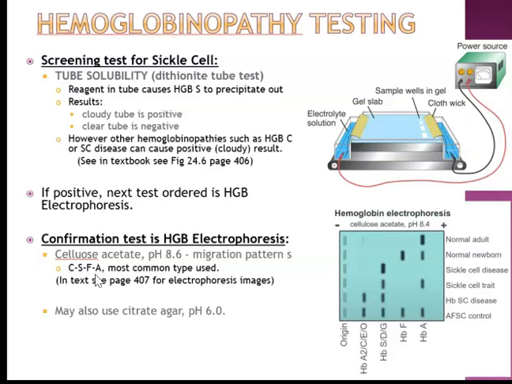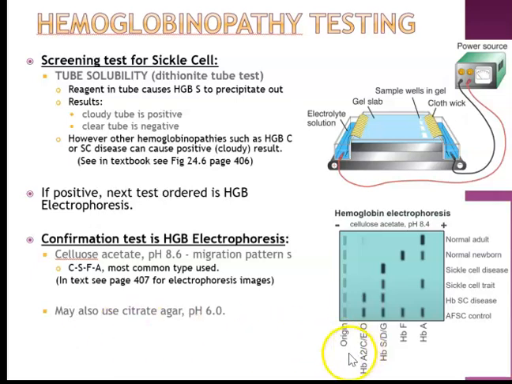Again, that's just a way to help us remember the different types of hemoglobin and how they run across the gel. You can also use another type of gel to perform this test. You can also use citrate agar at a pH of 6.0.